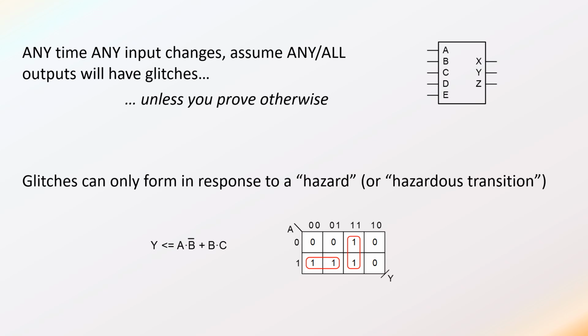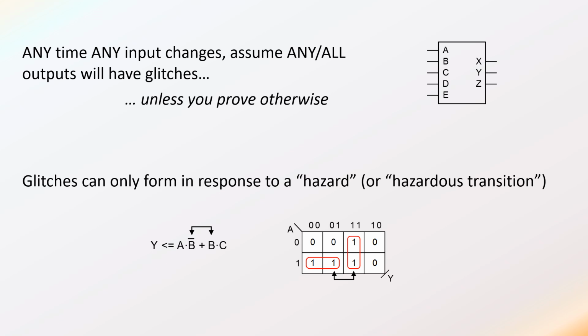So notice the equation on the left and the K-map on the right. In the equation on the left, you can see that the term B is inverted in one term and not inverted in the other. That's called a hazard, or a hazardous transition. When you see that, that's your clue that if B changes state, because it's coupled in both terms, Y could have a glitch.